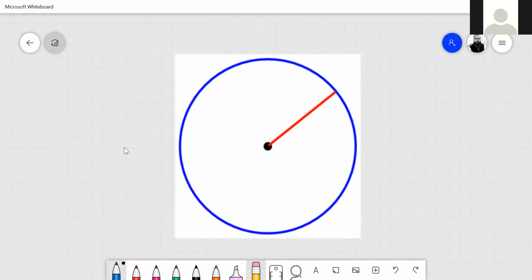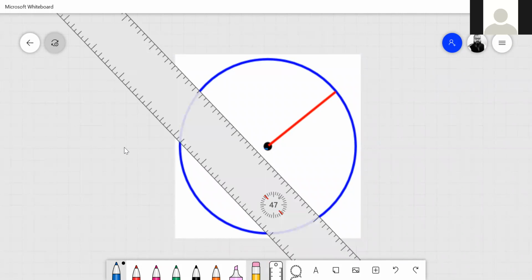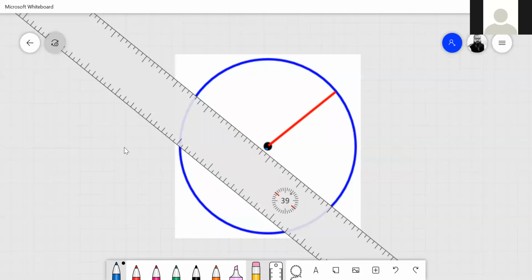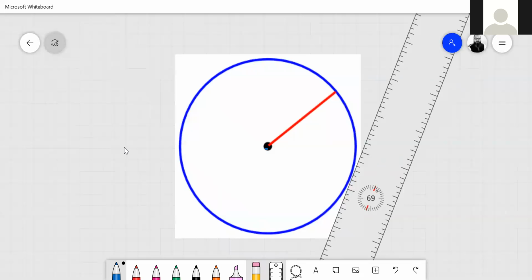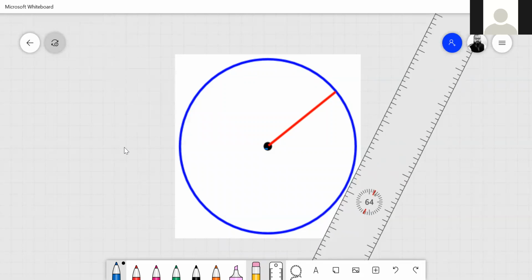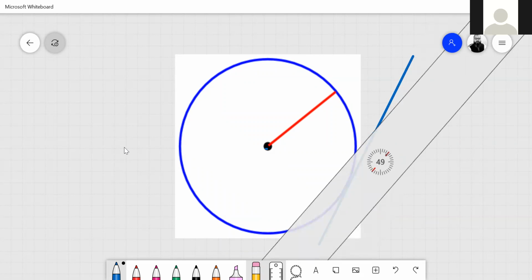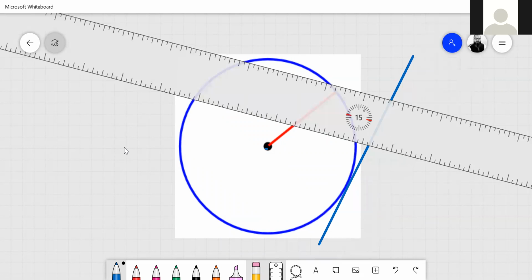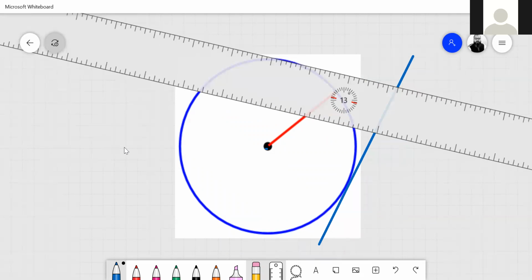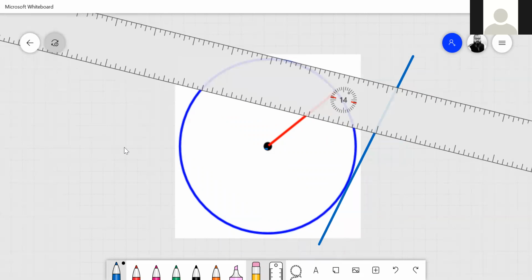This is a circle and this is the center of the circle. From this point we draw a tangent. First we should draw the tangent, otherwise it will become wrong. You have no need to draw because it is already drawn in the book. I am drawing for you because it is necessary for me.